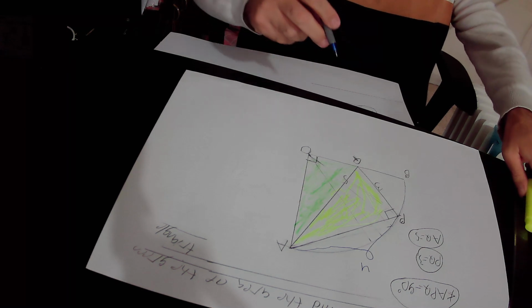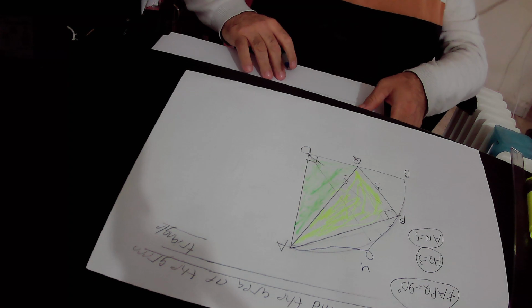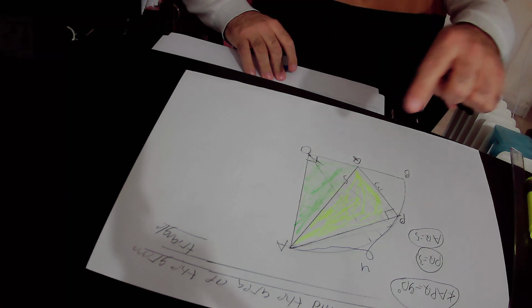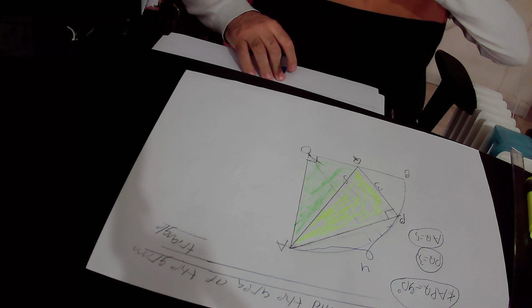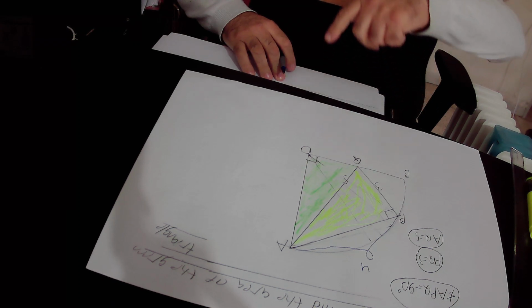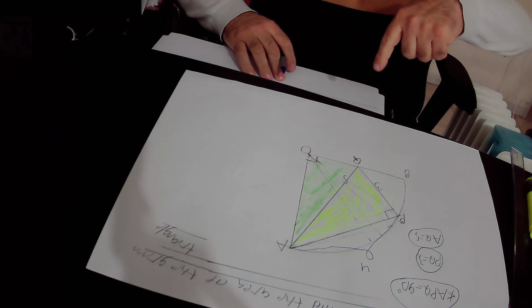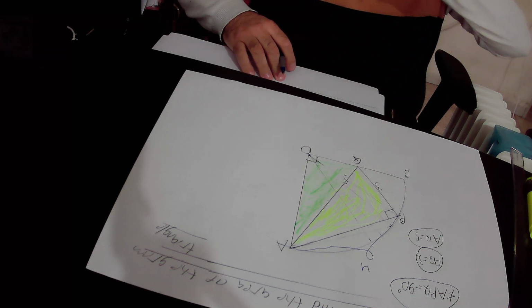AOB is a quarter circle. You can easily complete the quarter circle to a circle, and then point O will be the center of the circle.